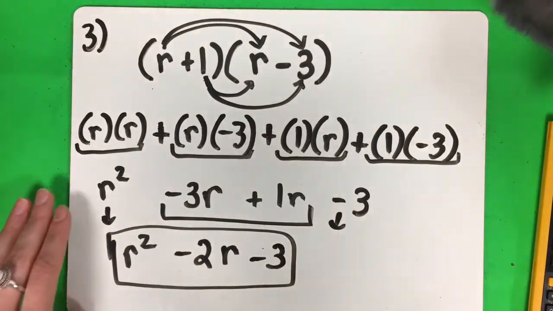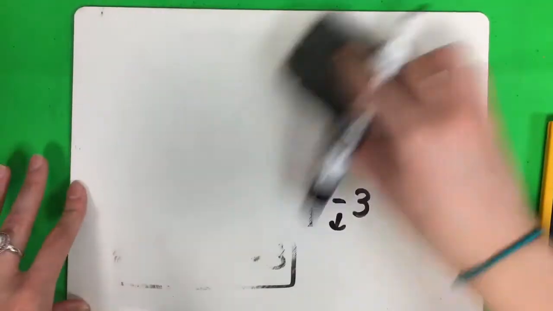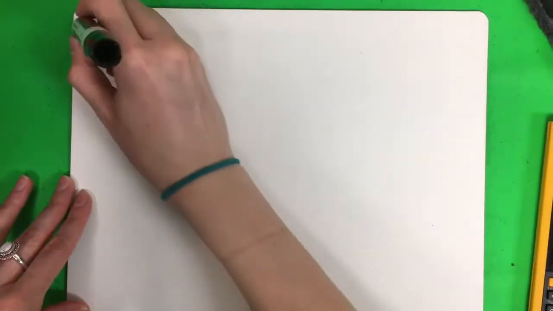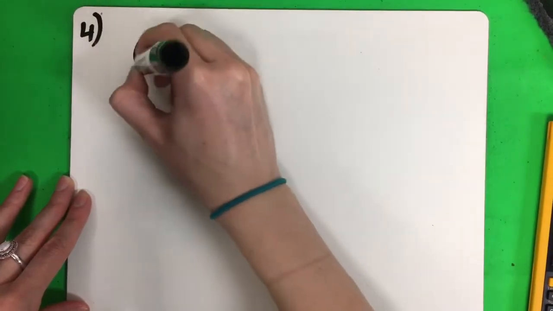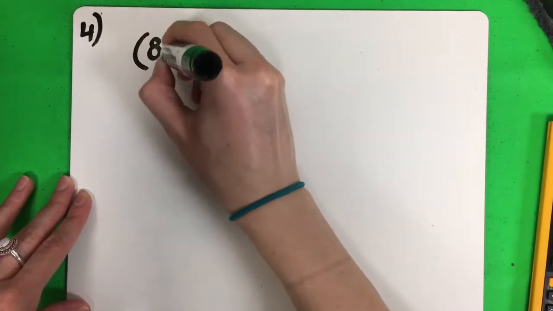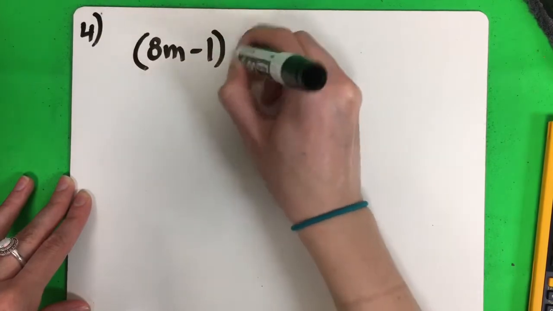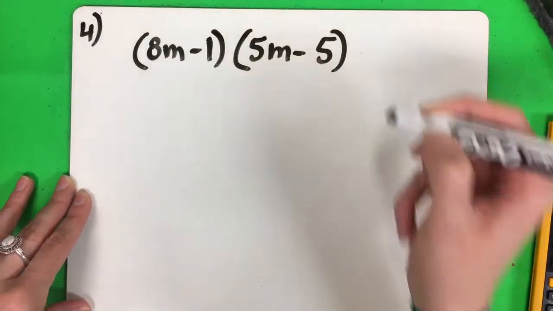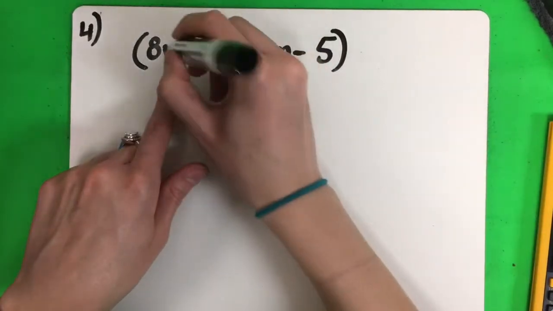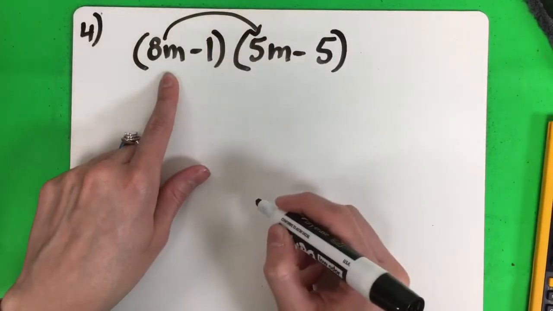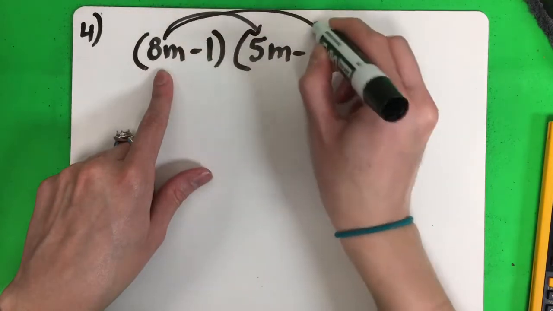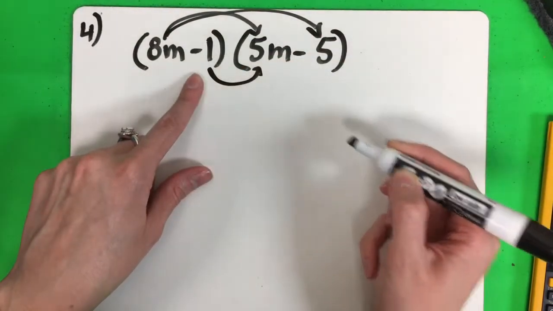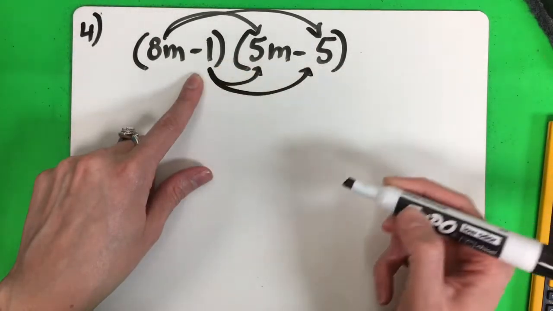Now let's go ahead and do number 4. So for this one, (8m - 1)(5m - 5). 8m times 5m, again 8m times negative 5, negative 1 times 5m, negative 1 times negative 5.